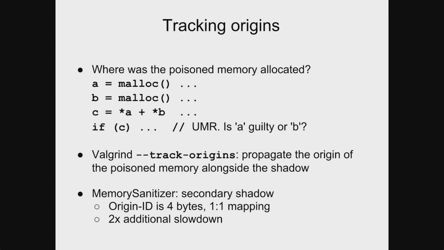Enough about this. We also need to know who actually allocated the poisoned memory. Like you have 2 calls to malloc, then you add the results, putting it into some third value, and then you figure out that this value is uninitialized. You need to know which malloc is guilty.